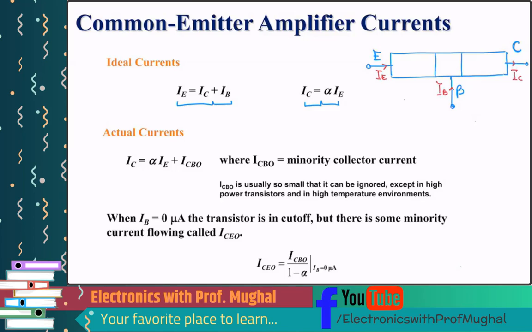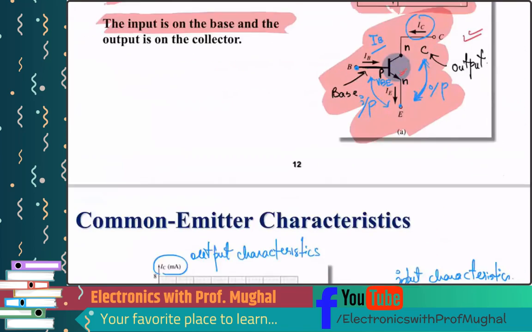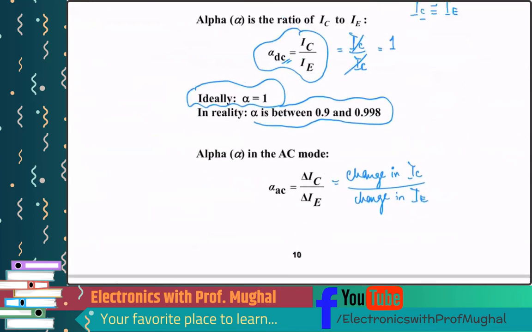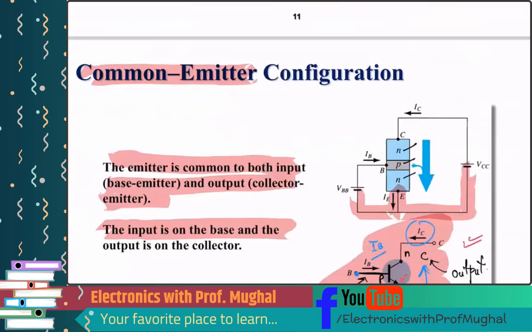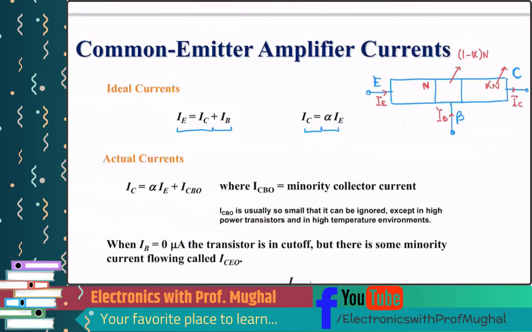If you have n number of electrons here, then over here the number of electrons will be (1 minus alpha) times n, and here the number of electrons will be alpha times n. And we know alpha is a ratio of IC over IE. So alpha equals IC over IE.